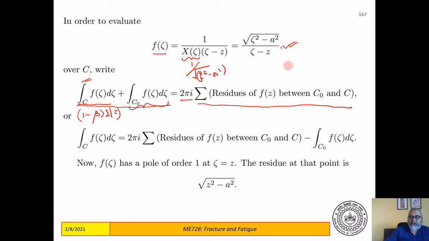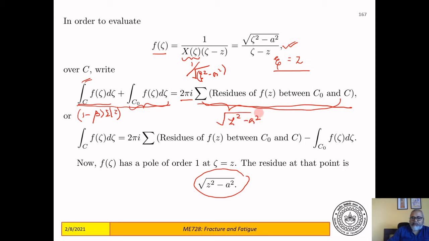Now, if you look at this function, this has a pole of unit order at z, and that pole, if you calculate the residue, apply the formula for the residue, multiply this by zeta minus z and find the residue, that residue is root of z square minus a square.